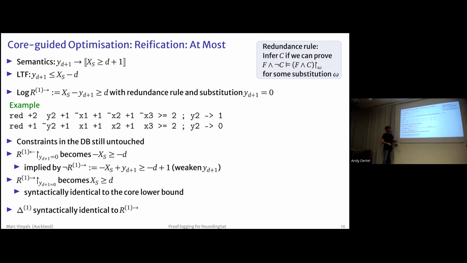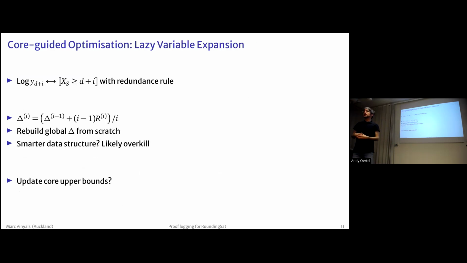But further steps are going to be different. What happens when we have to expand the core? We've got a new core that contains variables in some old core. Then we have to introduce other variables. So now we won't have 1 anymore; we will have d plus something larger.